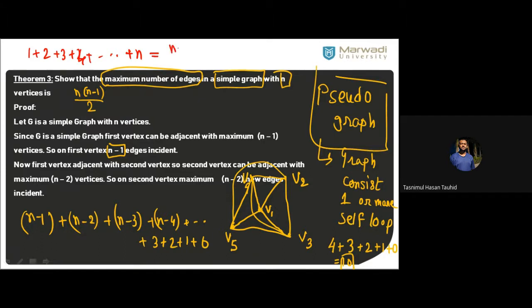The formula is n times n plus 1 by 2. Can I use this formula here? I can use this formula. Is it true or not? Or I cannot use this formula.